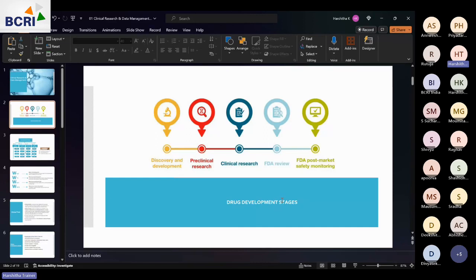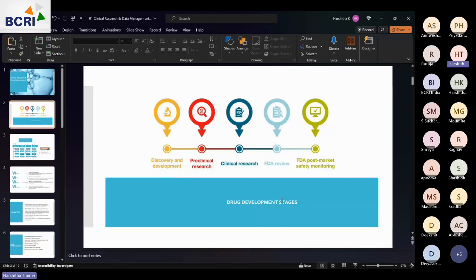For example, if a PharmD graduate or an MSc microbiology graduate is trying to do their PhD, they are in the discovery and development process because they're trying to find a lead molecule for the targeted disease they're looking into.